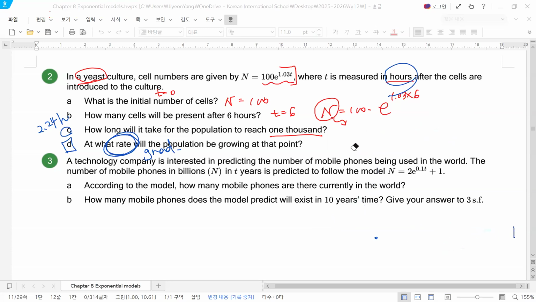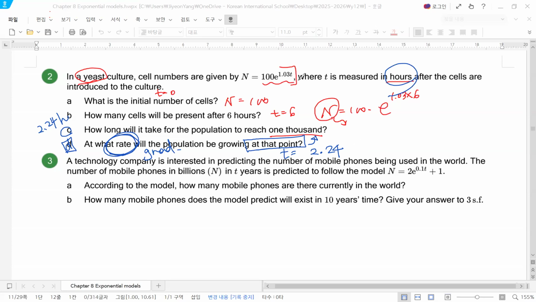At that point, what does it mean? The t equals at that point means a specific time, which is from question C, guys. 2.24, okay? Do you understand? Because D is right next to question C. So it means that t equals 2.24.